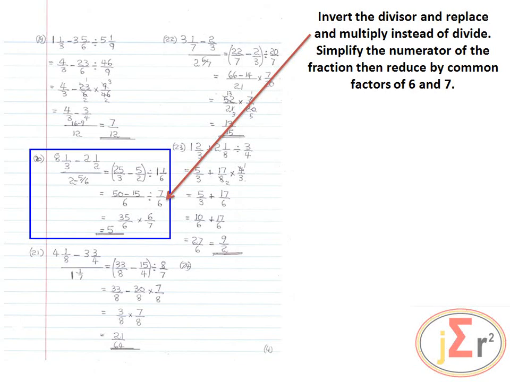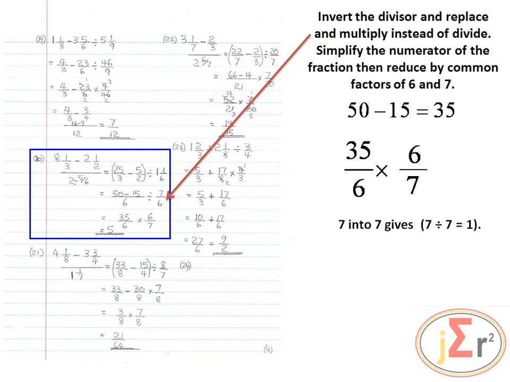Simplify the numerator of the fraction, then reduce by a common factor of 6 and then by a common factor of 7. So we have 50 minus 15 is equal to 35. This we obtained from the previous slide. And then what do we do next? Invert and multiply.